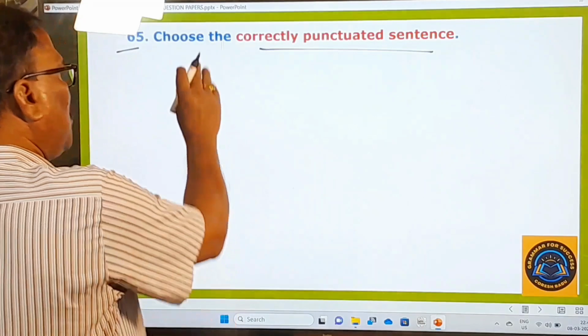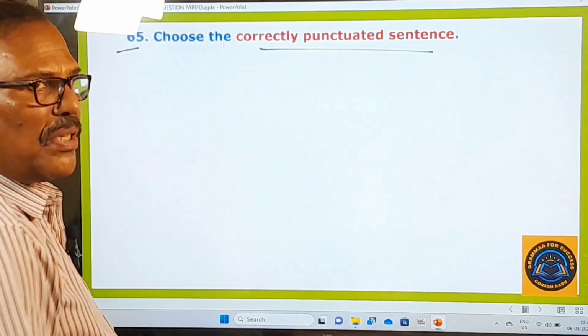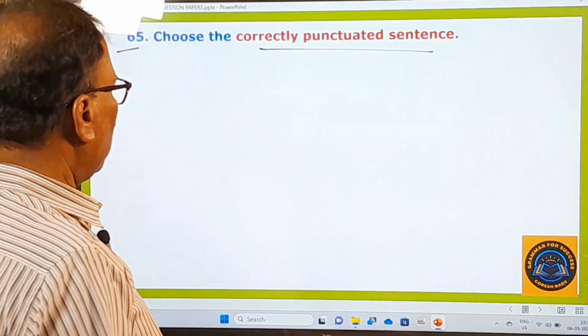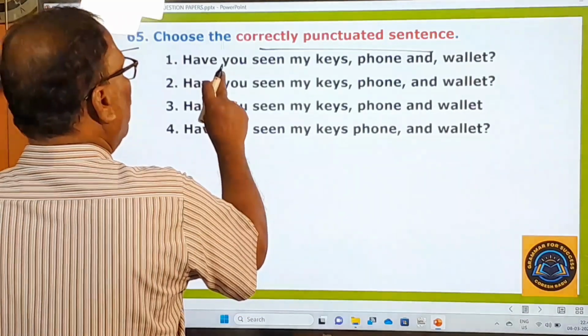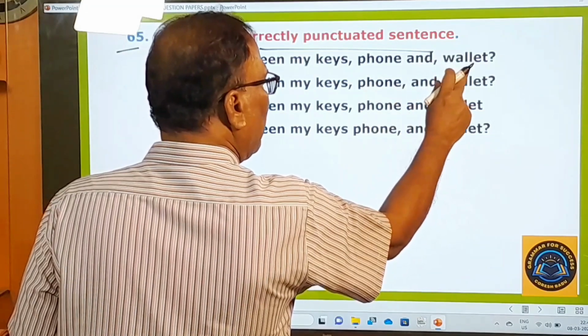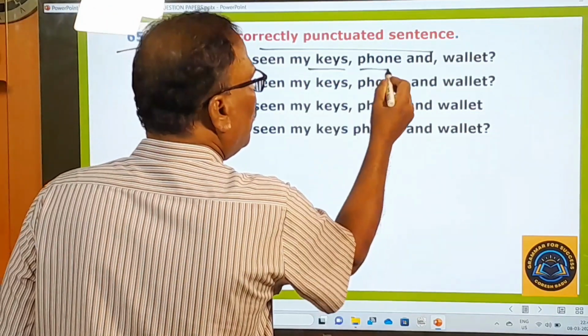65th question. Choose the correctly punctuated sentence. So this question is all about the correct use of punctuation marks. What are the options given? Let us look at this. Have you seen my keys, comma, phone and comma, wallet? This is wrong because the list is keys, phone and wallet.